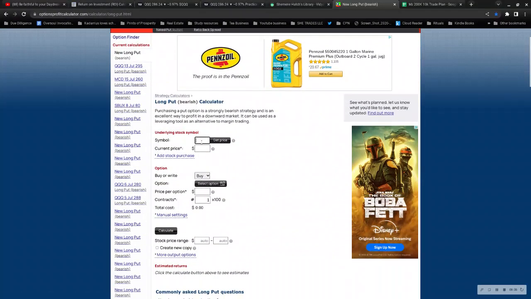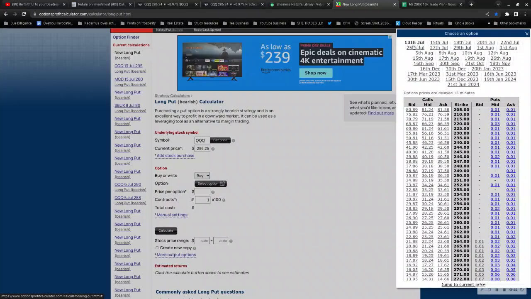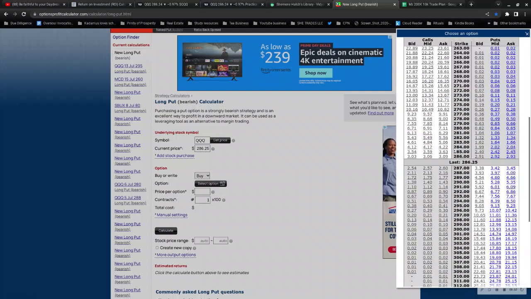Type in my stock, get the price, select my contract. And up here, this is where the dates are. I don't think I mentioned that, Sherry. These are where the dates are. So whatever contract you want, this is what you would click on. Most of the time, it already has the next expiration date highlighted.